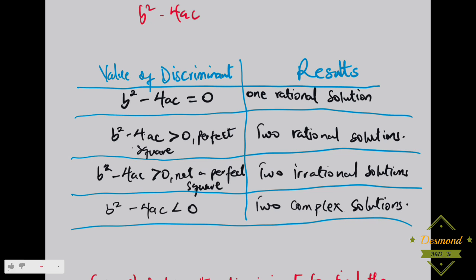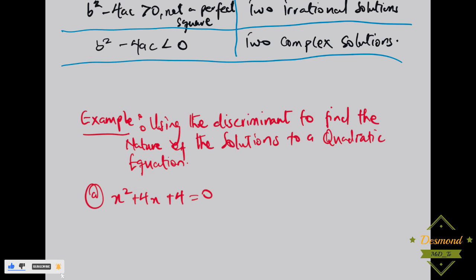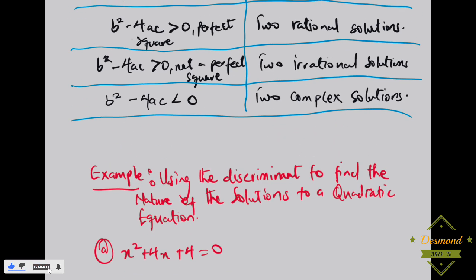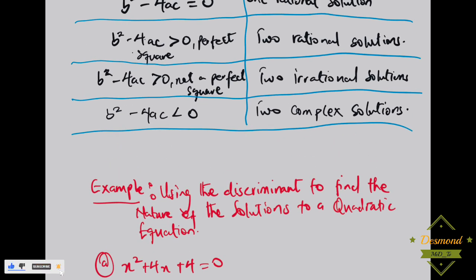So let's take some examples and see how it works. With our first example, we are going to use the discriminant to find the nature of solutions to a quadratic equation. Before we go to the examples, for ax squared plus bx plus c equal to 0, where a, b, and c are real numbers, the discriminant is the expression under the radical in the quadratic formula.